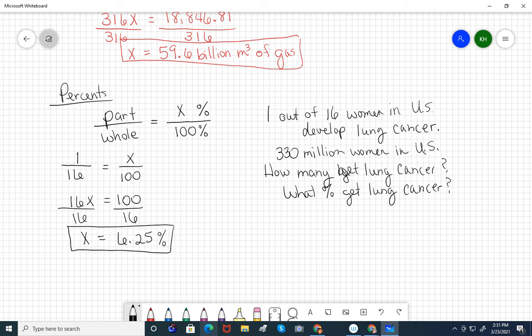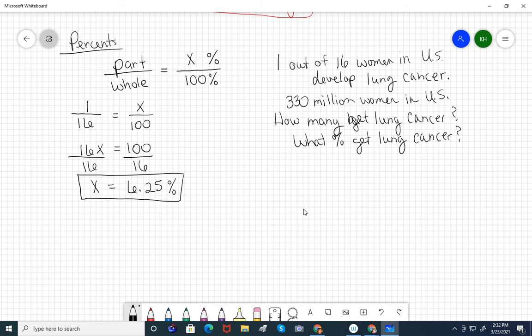Another question: if we just want to know how many people get lung cancer, well, I know this is one cancer person out of every 16 women. The United States does not have 300 people. Let's fix that. There's 330 million. Let's assume half the people are women.